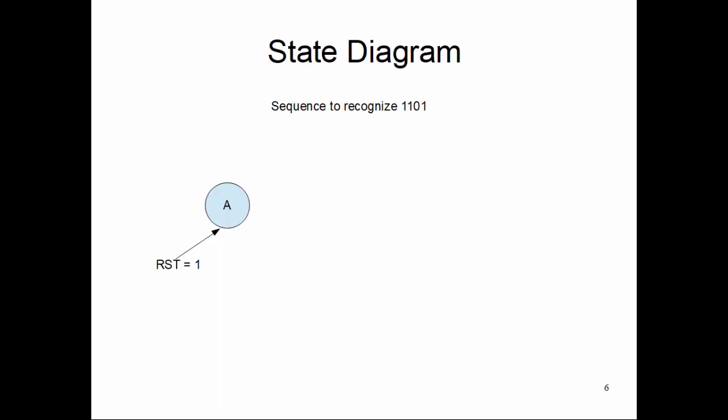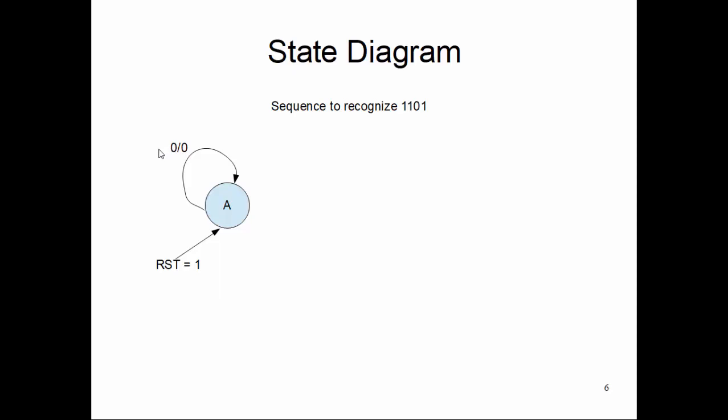Now inside state A, if I get a 0, the part before the forward slash is the input sequence. Since this circuit has only one input, we see one bit there. If a circuit has multiple input bits, like 2 or 3, we'll see 2 or 3 bits before the forward slash.